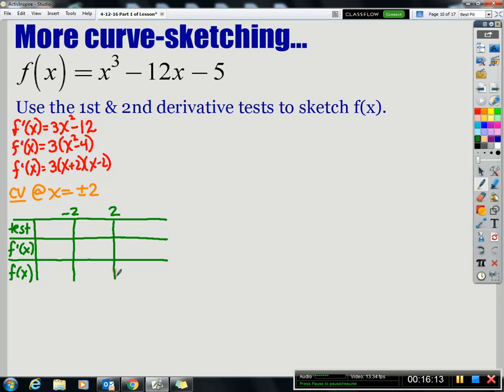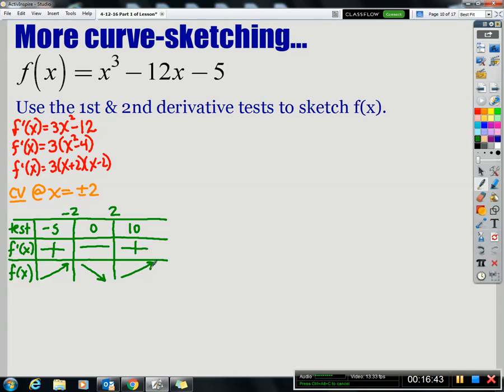So I'll bring it all together. My test values are going to be negative 5, 0, and 10. When I plug into f prime of x, I'm going to have a positive times a negative times a negative. Two negatives make a positive. So I've got increasing. I'm going to have a positive, positive, negative. And I'll have positive, positive, positive.